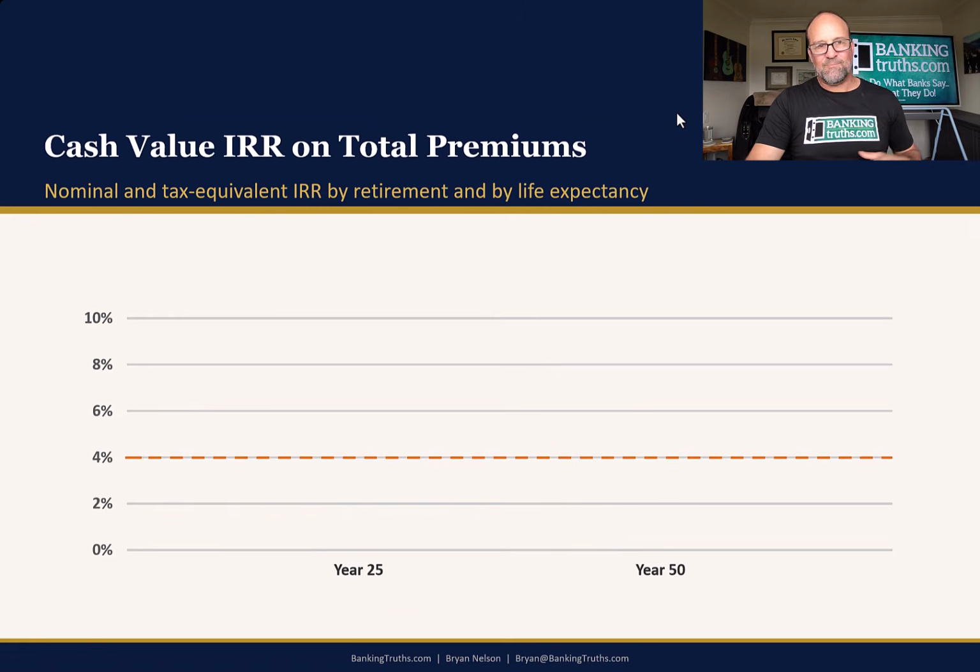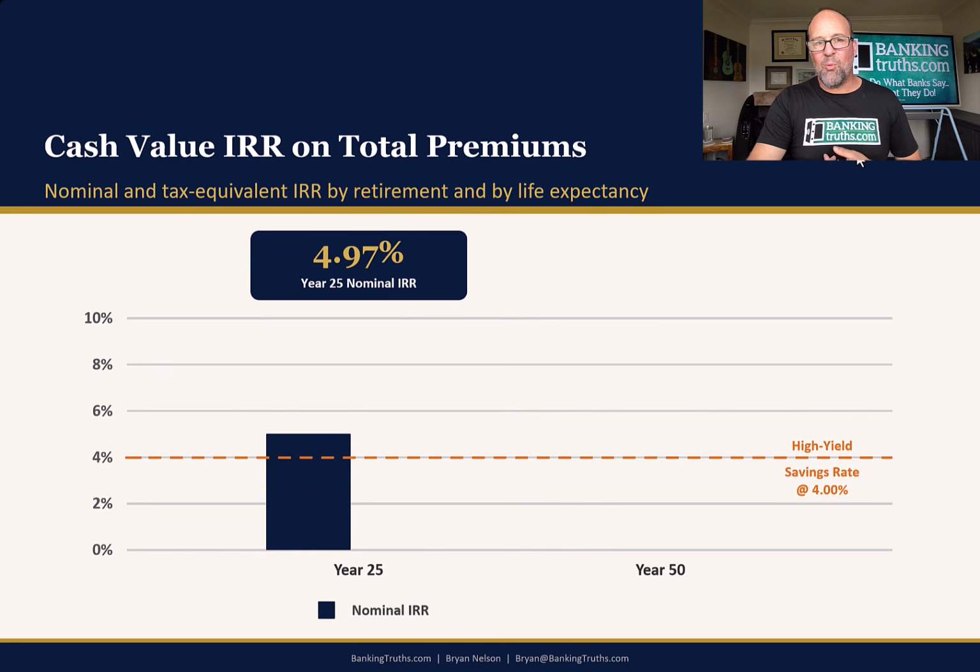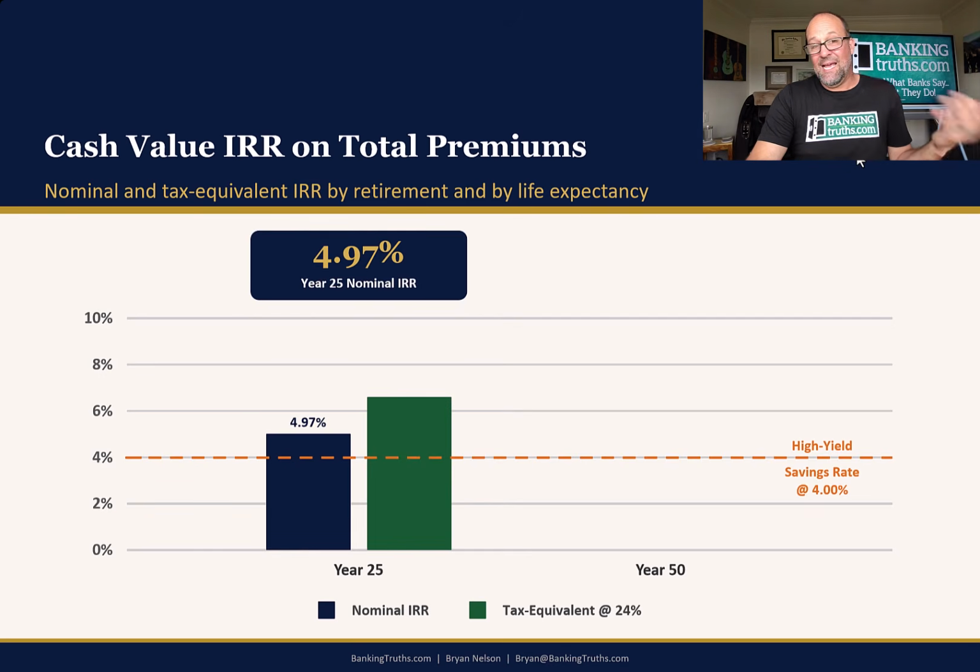So with that, let's look at the cash value IRR. Again, we analyzed this in the slide, but the high yield savings rate, I'm putting 4%, but like I have Robinhood and I don't keep a lot of money in cash there. It's down in the 3s. Again, 4.97% just on its own two feet, even if tax benefits weren't benefiting you, because some people say this only works for people in the highest tax bracket. It's not true.